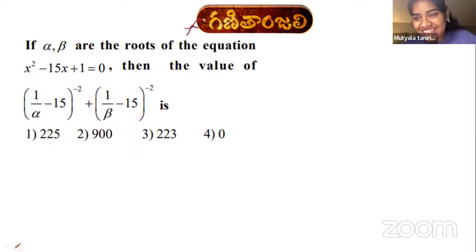See, if alpha and beta are the roots of the equation x square minus 15x plus 1 is equal to 0, then find the value of (1 by alpha minus 15) whole to the power of minus 2 plus (1 by beta minus 15) whole to the power of minus 2.